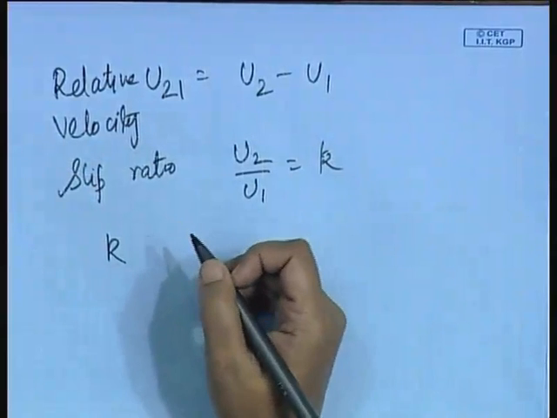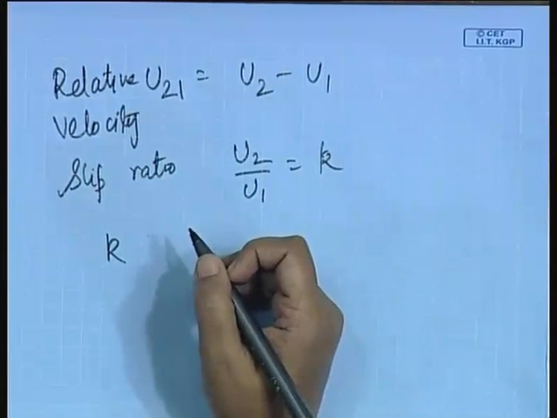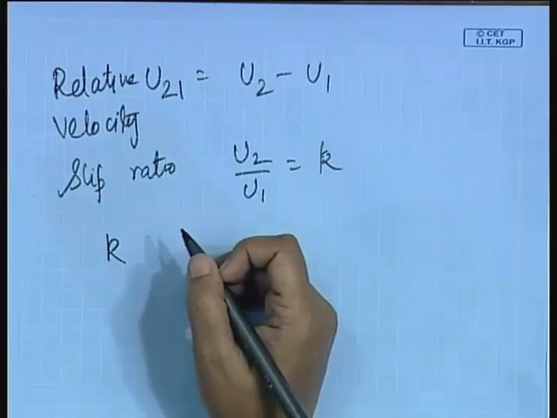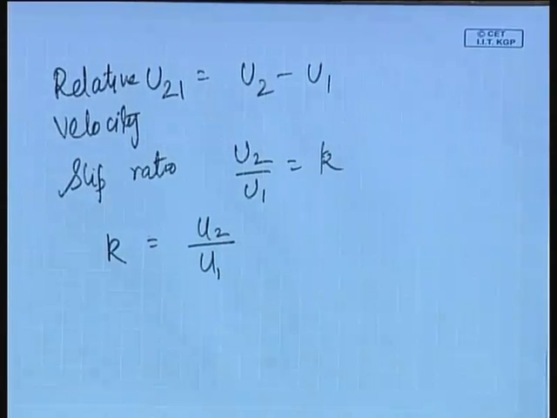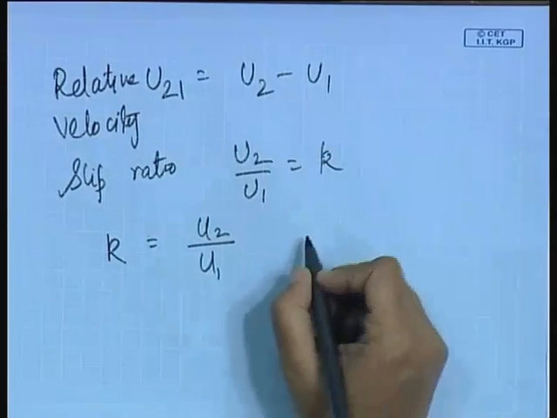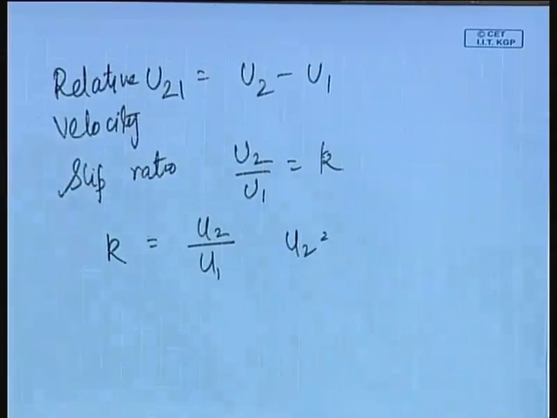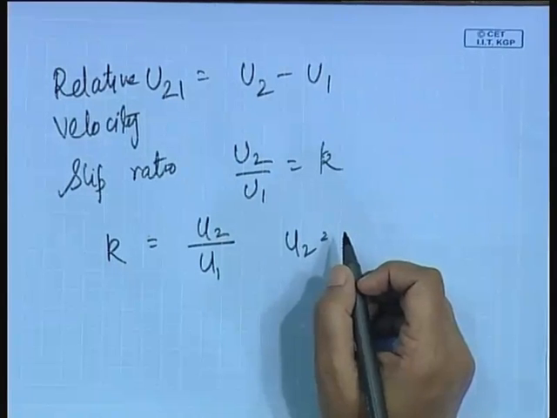Remember the basic definitions, and then proceed for the derivation. For example, suppose I would like to derive K in terms of quality and such other things. What is K equal to? It is nothing but equal to U2 by U1, agreed. What is U2, can you tell me from the basic definitions?